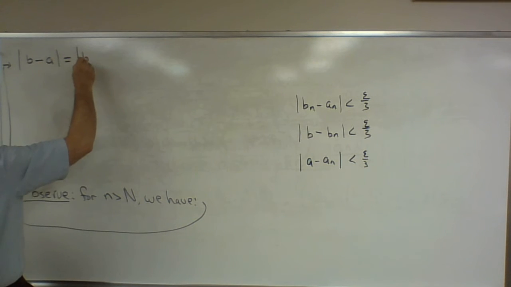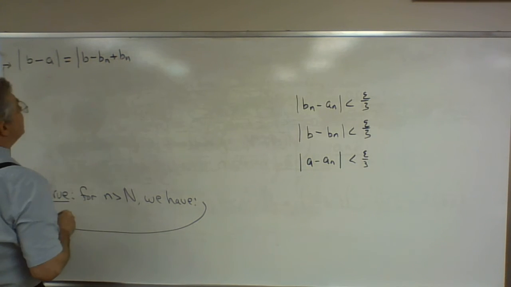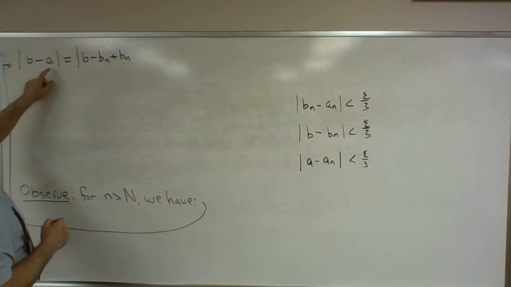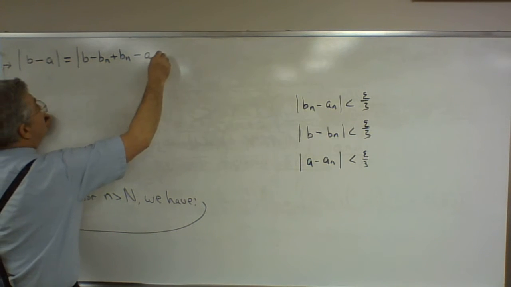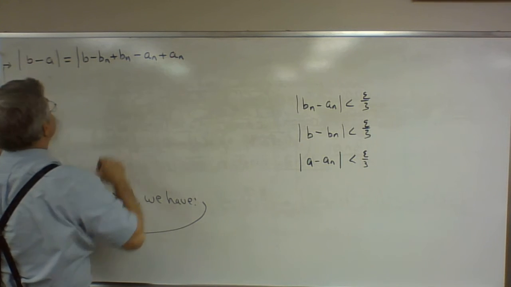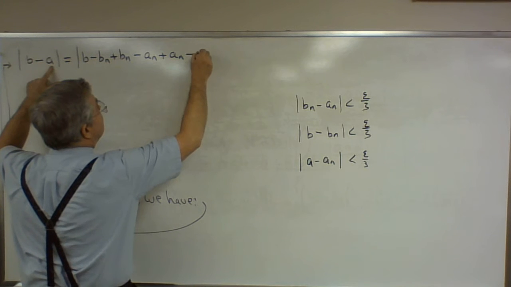So I have my b, and I'm going to subtract b sub n and add it right back. And then I'm going to subtract a sub n, and then I'm going to add it right back. And I already have negative a in here.